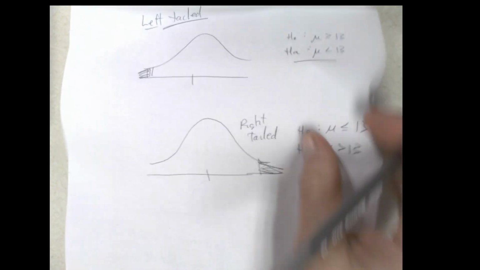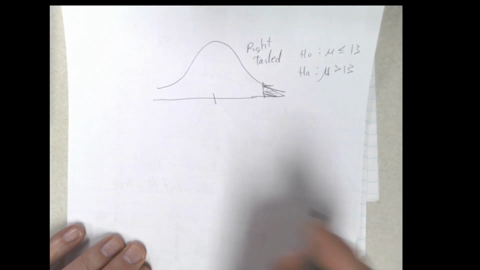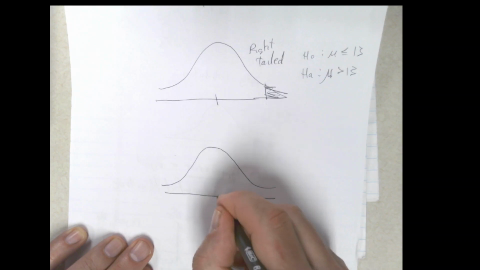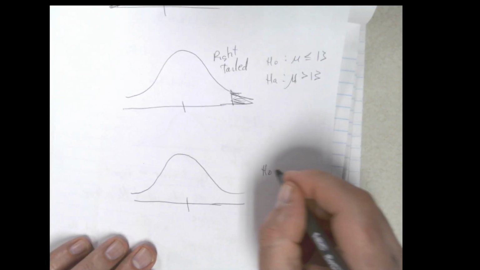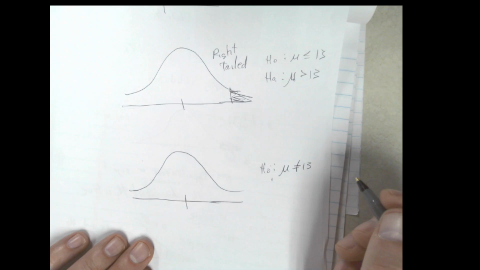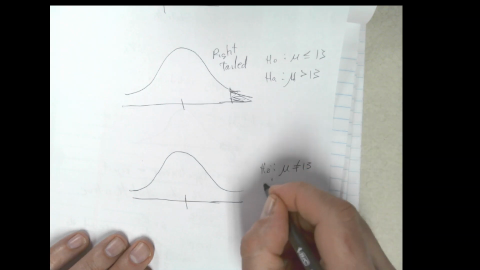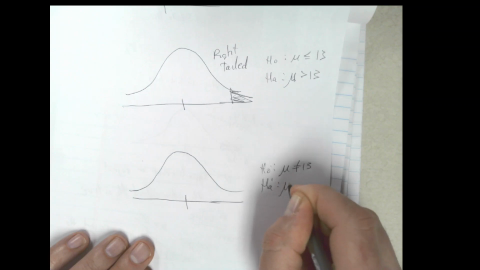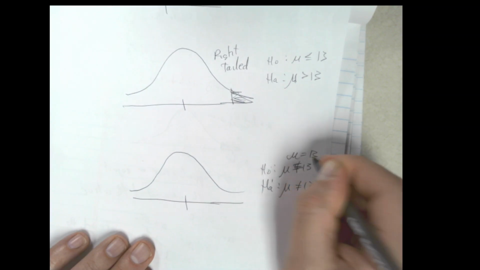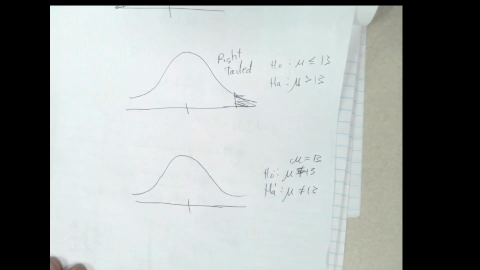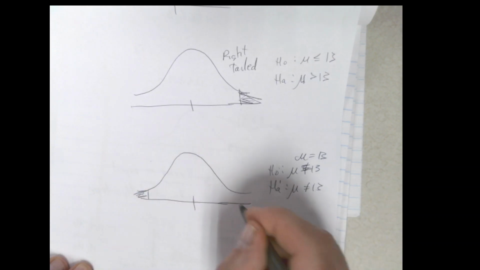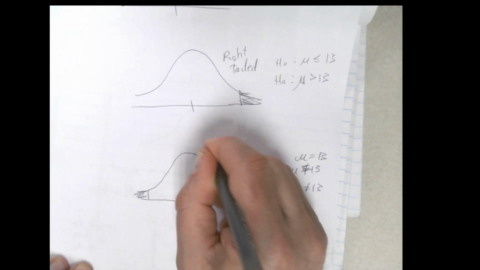And the last one is when your H0 is the mean is equal to 13, and the alternative hypothesis is the mean is not equal to 13. That's called a two-tailed test because it could be in either direction.